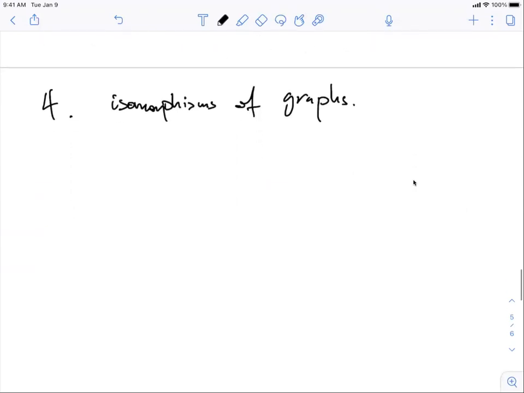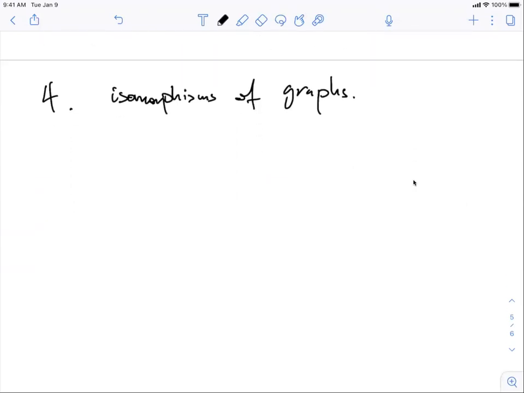Okay, so now if we look at automorphisms of graphs, sorry, I don't know why I said isomorphisms. Automorphisms of graphs. If we look at an automorphism of a graph, then it gives an automorphism of the corresponding right-angled Artin group. It's very straightforward to see.